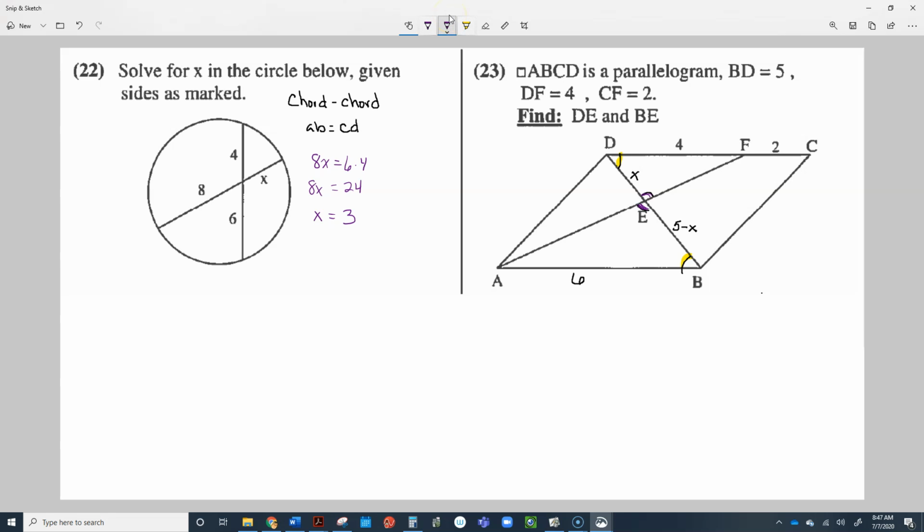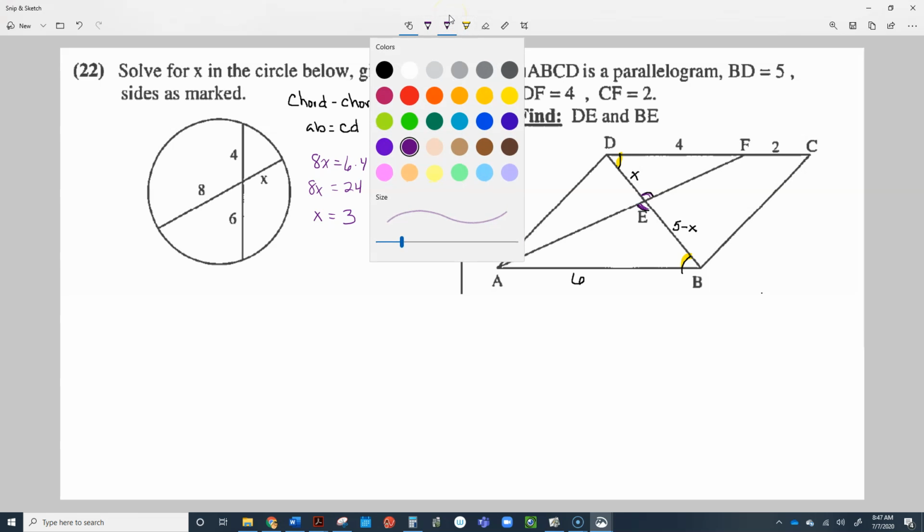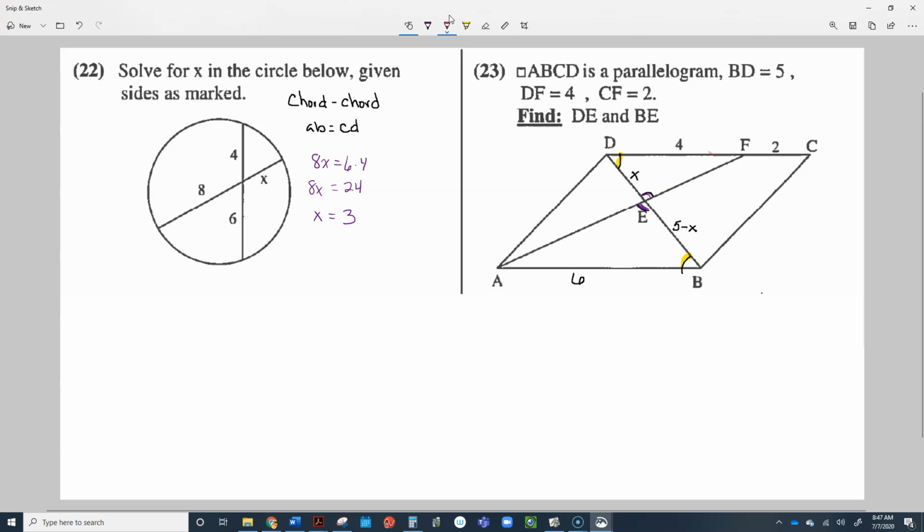So if it's a parallelogram, that means that this DC right here is parallel to AB, and it also means that AD is parallel to CB. Well, if these two lines are parallel, then this one right here is a transversal, and that means that alternate interior angles are congruent. So why am I so worried about those angles?